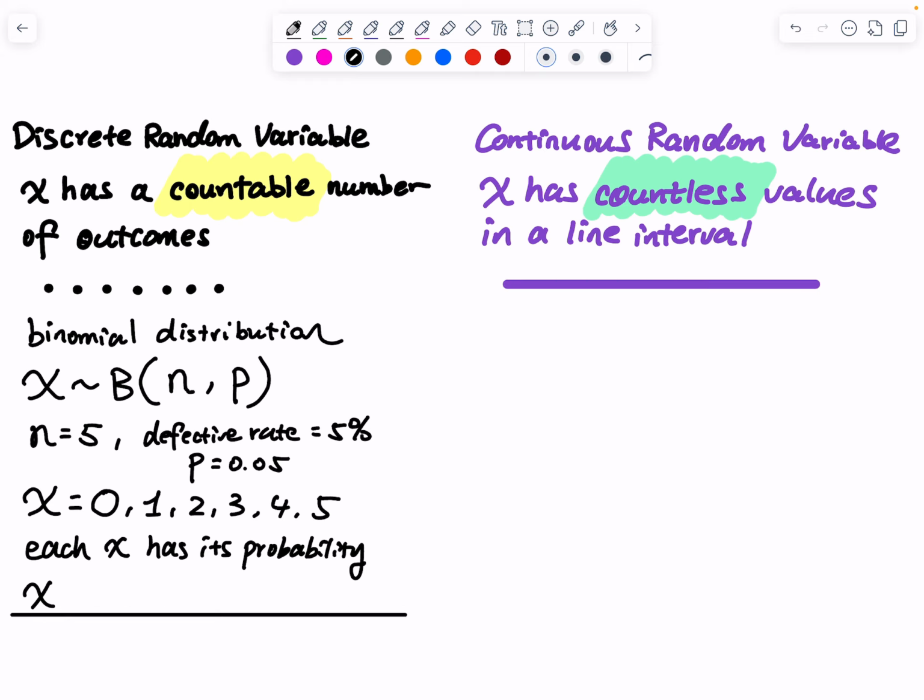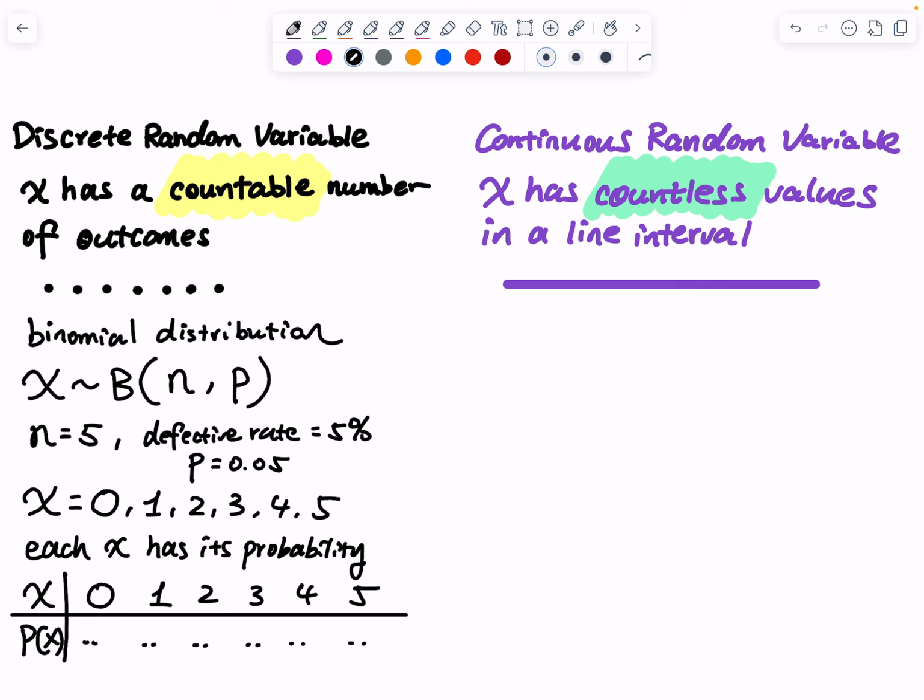You have x, and then this is the probability of success, and then x can be equal to 0, 1, 2, 3, 4, and 5. And then each x has its own probability, and then the sum of all the probabilities is equal to 1. So I just use a table to describe or summarize the probability distribution of this random variable x that follows binomial distribution.